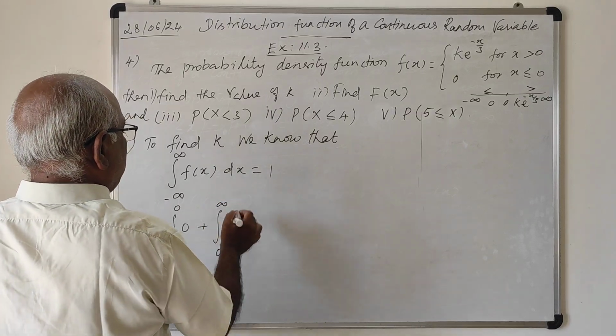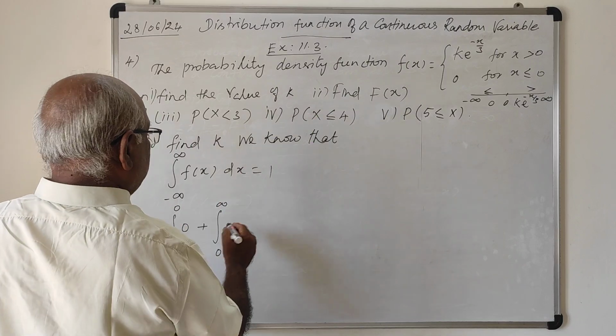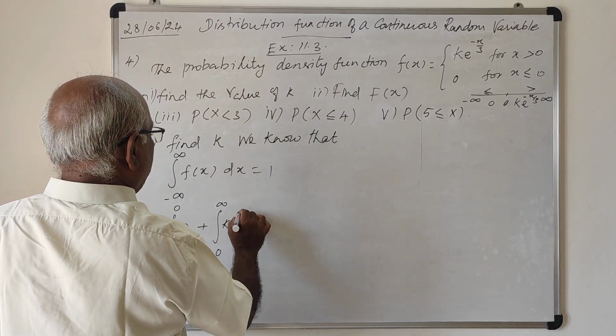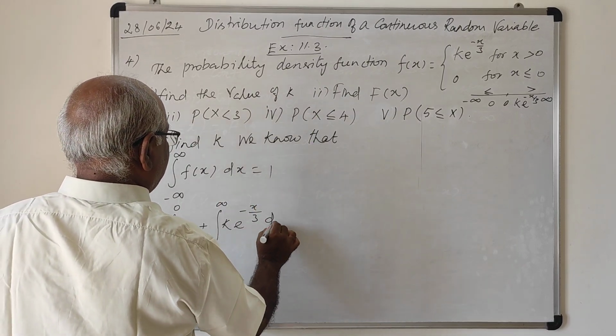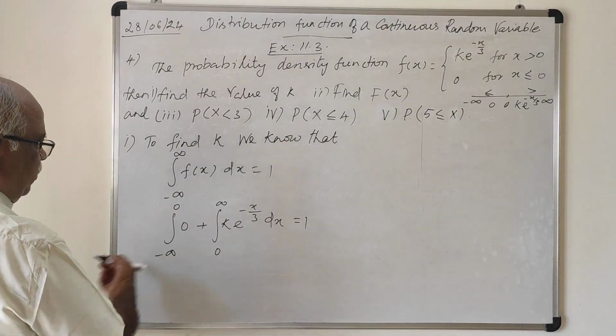The integral from 0 to infinity of k into e power minus x by 3 dx equals 1. The first integral is 0, so we need not worry about it.